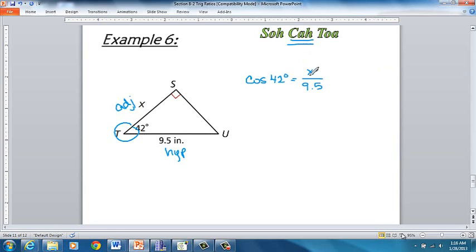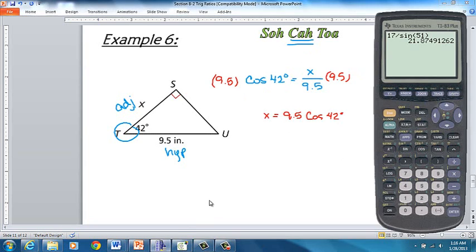And I'm trying to get x by itself, so I'm going to undo this division by 9.5 by multiplying by it. Do the same thing on the other side. Okay, so pull up the calculator and just type it in. 9.5 times the cosine of 42.